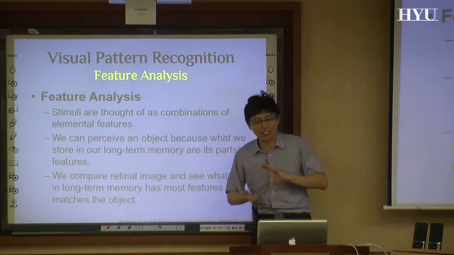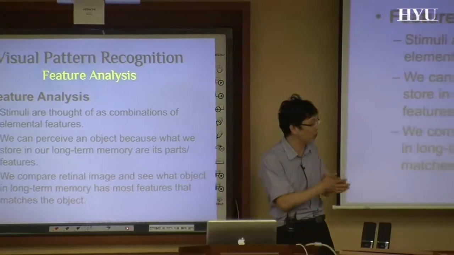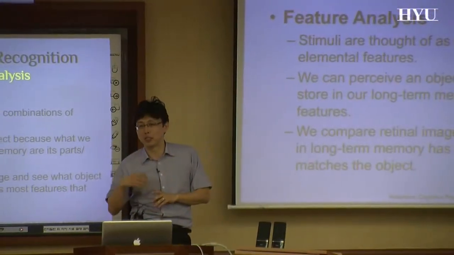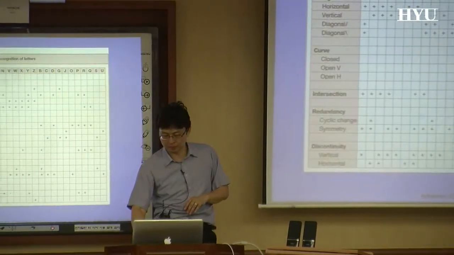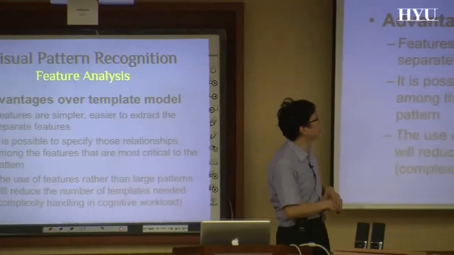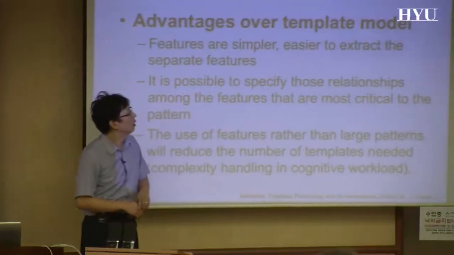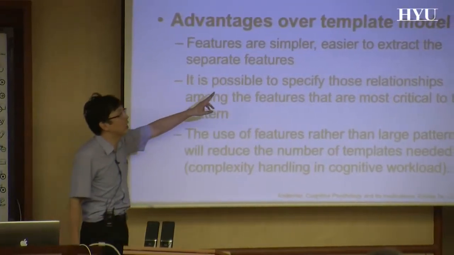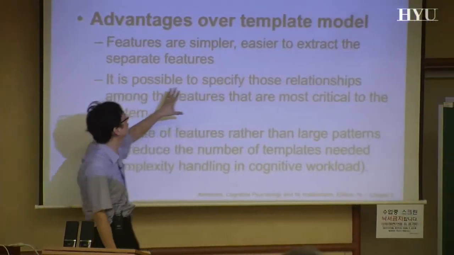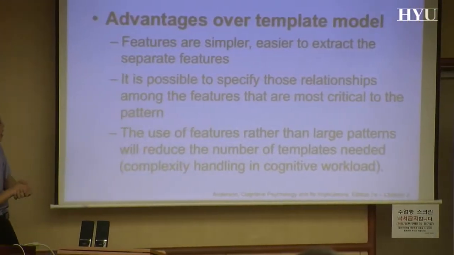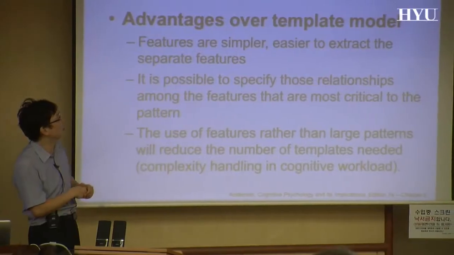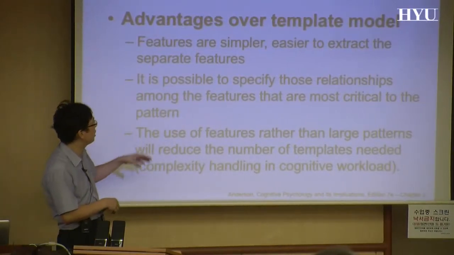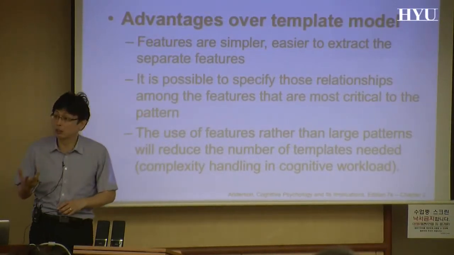Okay, and then they compare many of the features with the stored features in your long-term memory. That is an advantage over the template model. It's a much simpler model, and we can easily interpret the extraction of features to recognize objects. And it is possible to specify relationships between the features for pattern recognition.